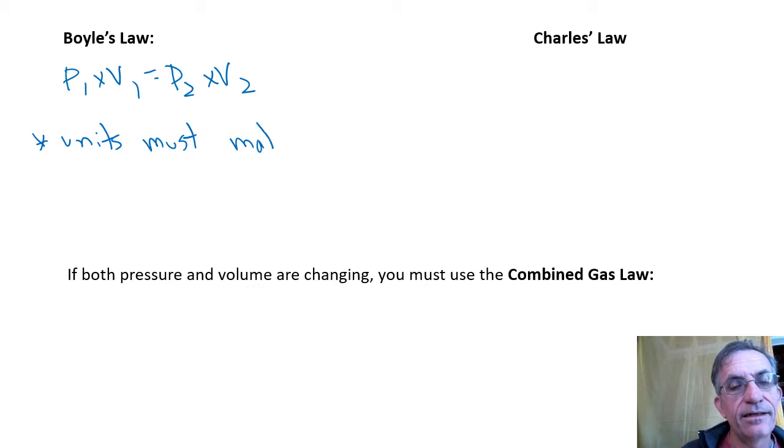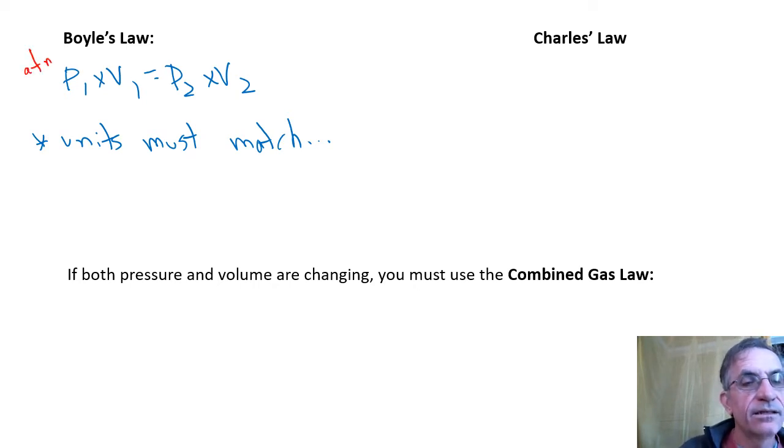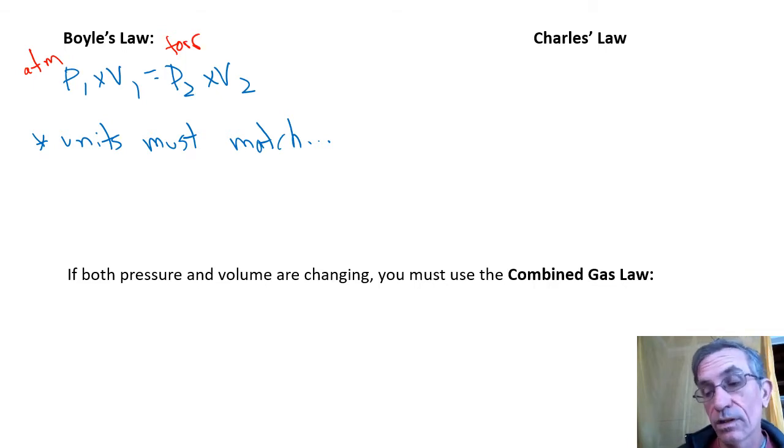What do I mean by that? If the problem gave you one pressure in atmospheres, the new pressure would also have to be in atmospheres. What you can't do is have atmospheres and then the other pressure in torr, and just plug in those numbers and get the right answer. That's not going to work. The units have to be the same.